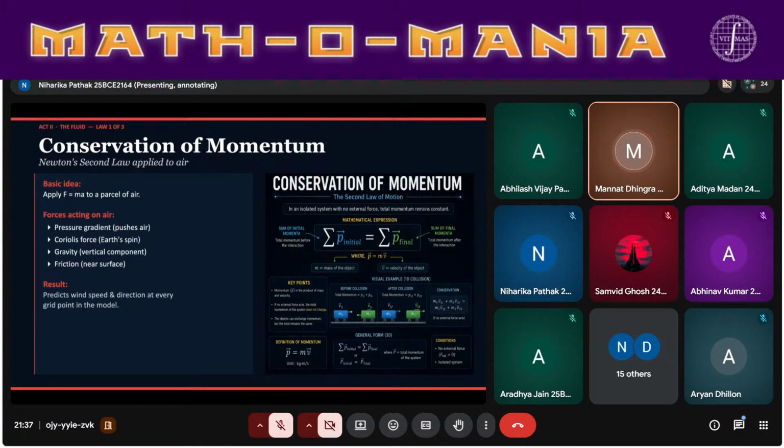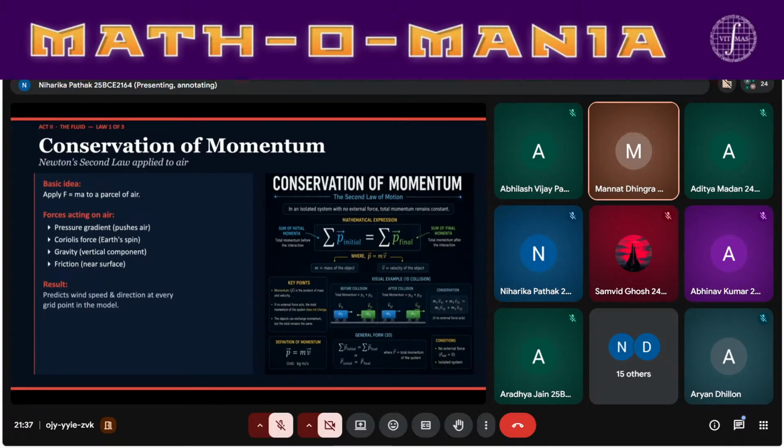So let's say that I'm applying some force in air. As Niharika mentioned before, when a force is applied in air, we treat it as some fluid parcel.